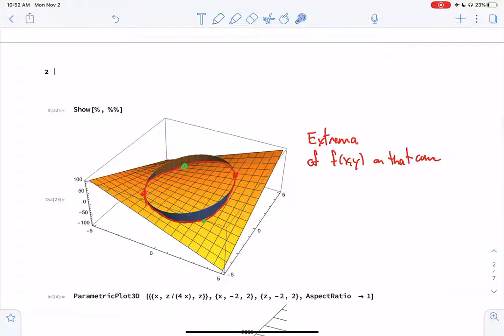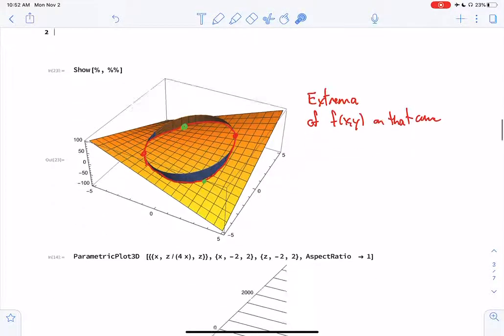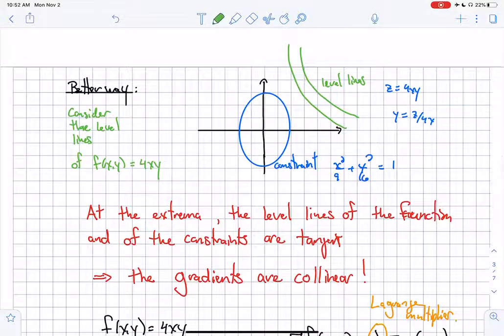As I go down in levels, I'm still not on the constraint, but the largest value that satisfies the constraint will be right on one of the level lines. It will just kiss it, just touch it. Same thing for the level lines going down. If they're too low, I don't intersect the constraint. I move slightly, and right when I'm at the minima is the first time that the level line touches the constraint.